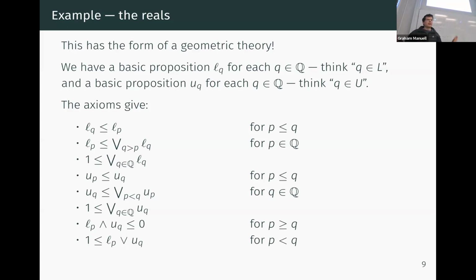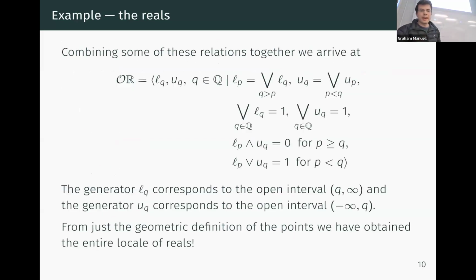I understand this is fairly quick, but it's just a straightforward translation, right? You just write down the axioms, and you can translate each of them, and you can get a relation for a frame. And in the end, we get a presentation. So this presentation, I claim, is the frame corresponding to the locale of reals.